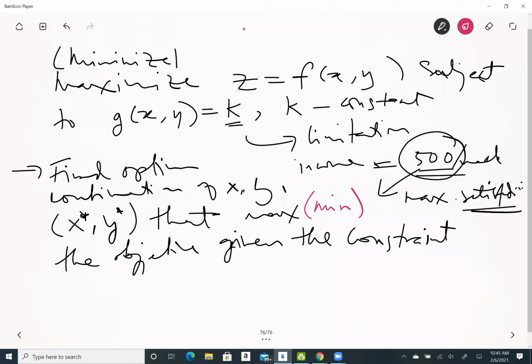So now I put down the problem. In order to solve this, we are going to use the Lagrangian method. Now, what is the Lagrangian method? It is simple.